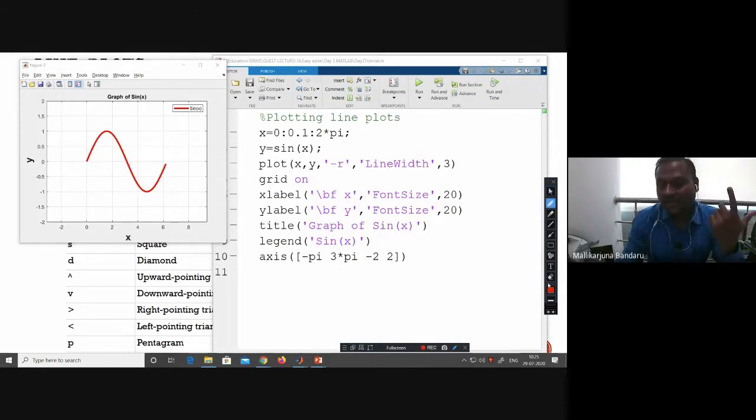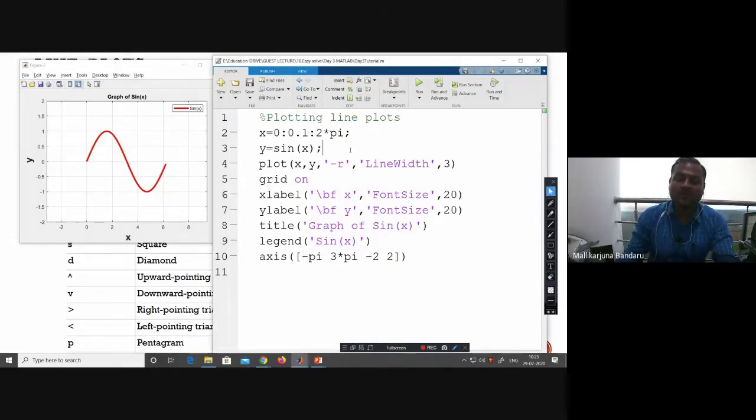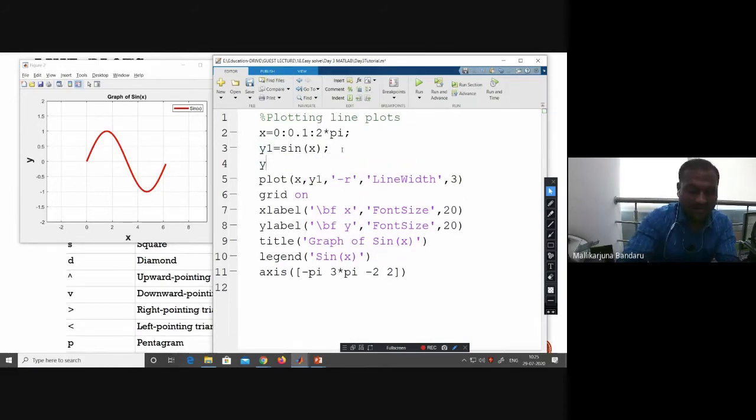Let me draw the multiple curves. Suppose this is y1. Let me take this in the syntax also y1. Next, y2 is equal to suppose cos x. Let me take the same 0 to 2 pi only. Y2 is equal to cos x.